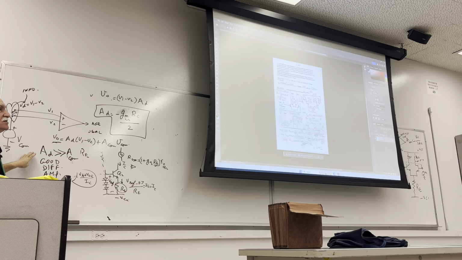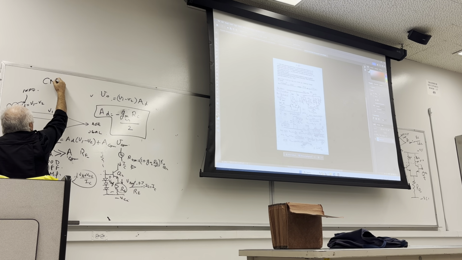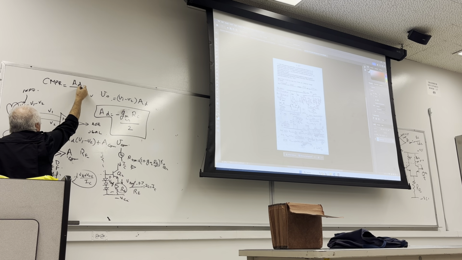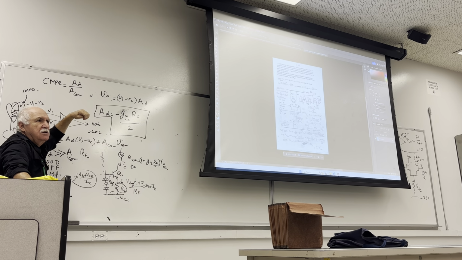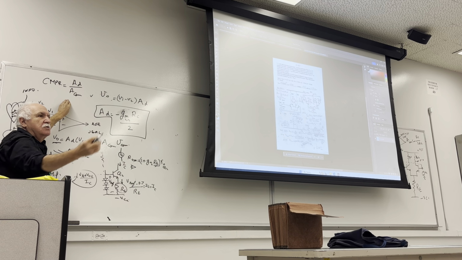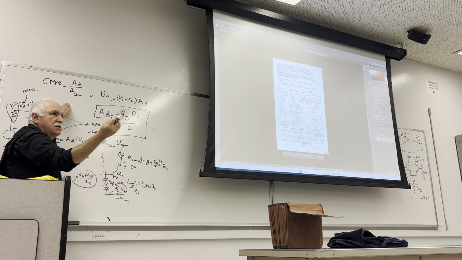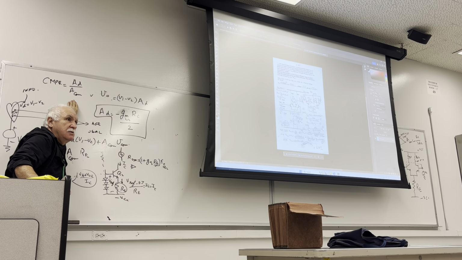So they created that coefficient called CMRR, which is nothing but the ratio of AD to ACOM. This is the closest they could do. They said, look, build something, but if you want to sell it to the customer as a good amplifier, what is your figure of merit there? It's this ratio. The higher, the better.